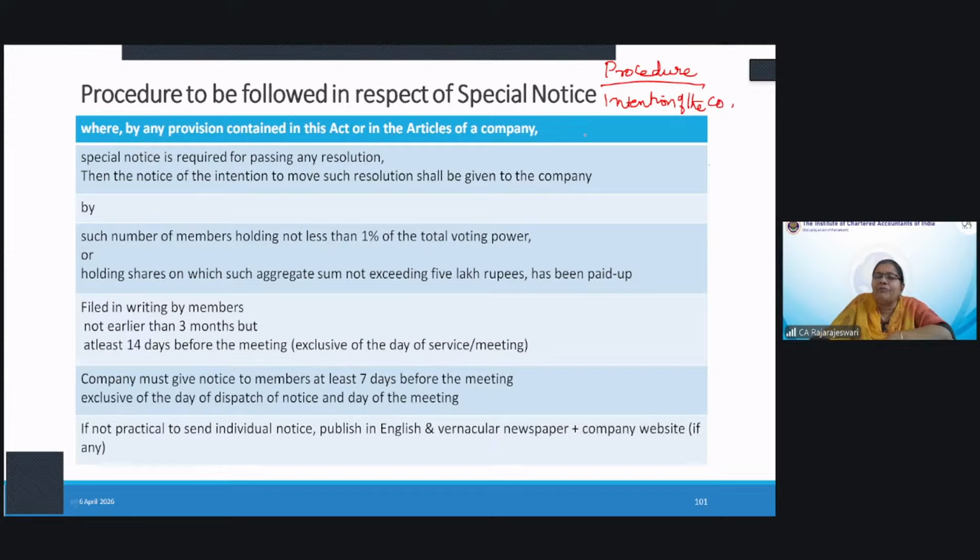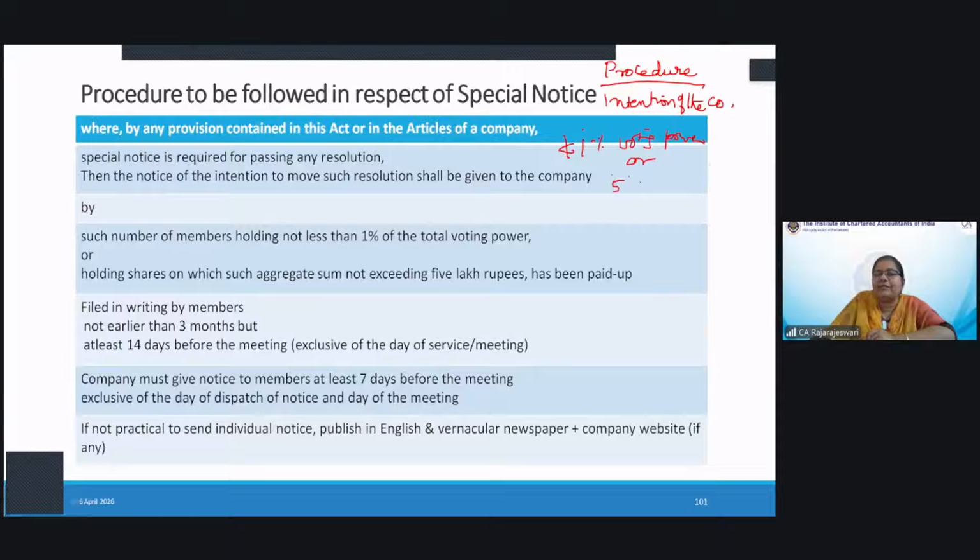Suppose a member wants to pass a resolution, then in that case, he must have held not less than 1% of the total voting power, or holding shares on which an aggregate sum not exceeding 5 lakh rupees has been paid up.